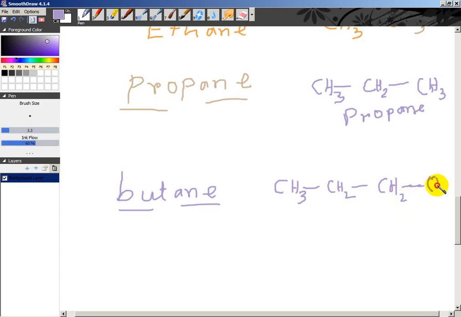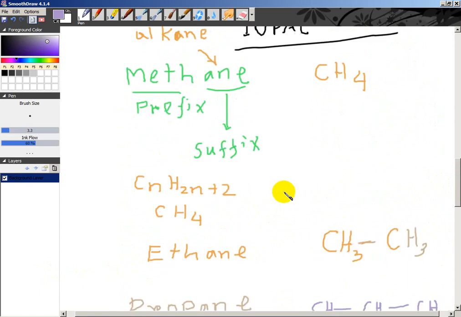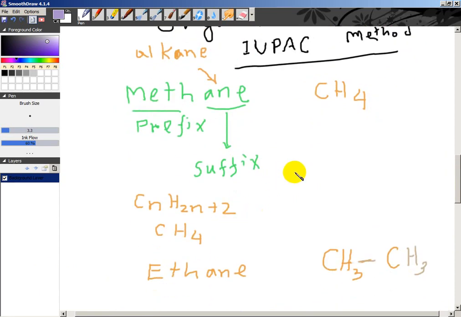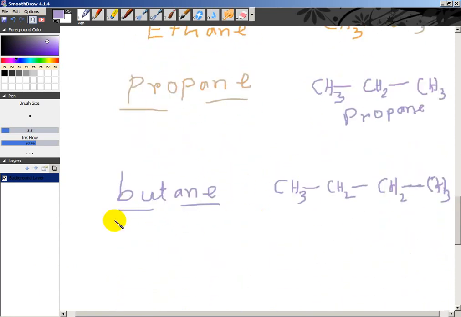This carbon will have 3 hydrogen. So I have drawn the butane structural formula. This is the homologous series of alkane. Today I have learned alkane.